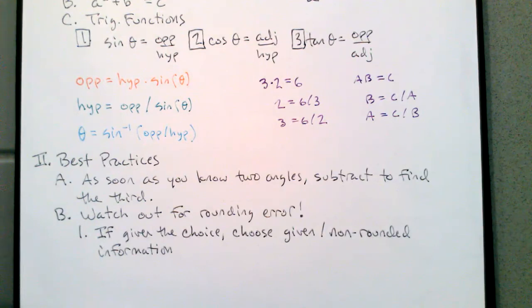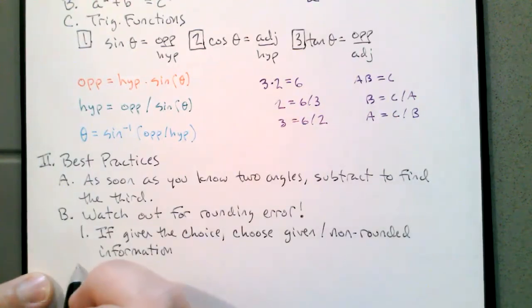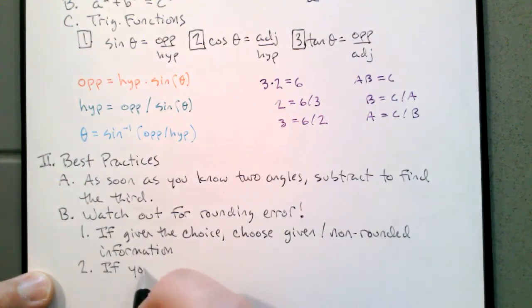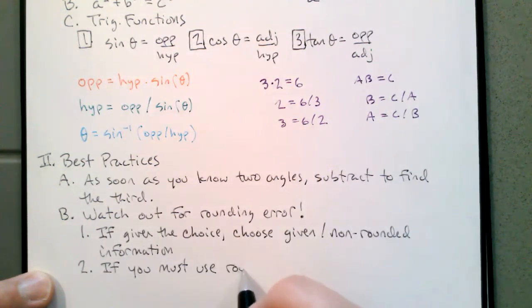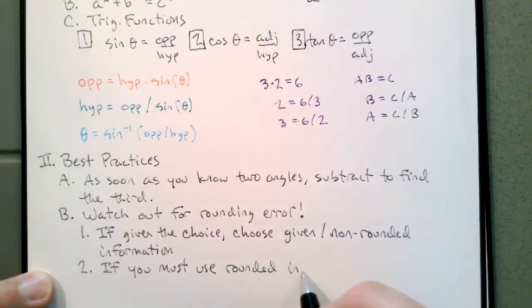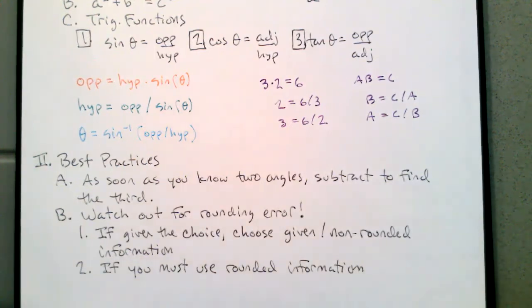Number two, if you must use rounded information, keep all the digits and only round at the very end.